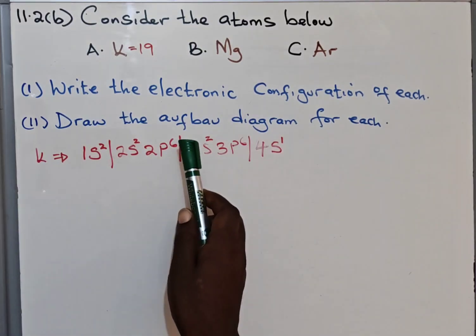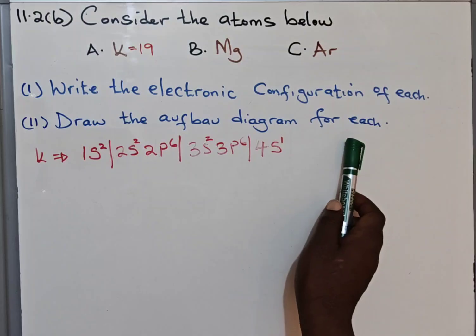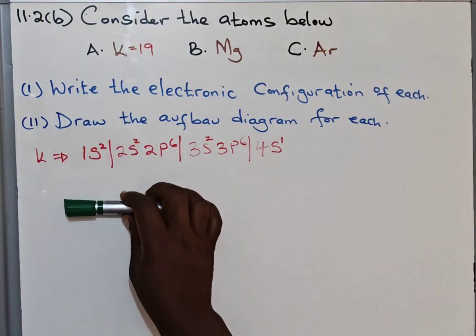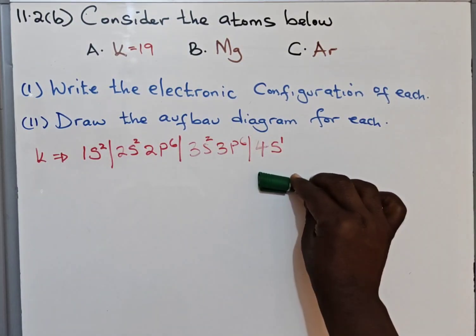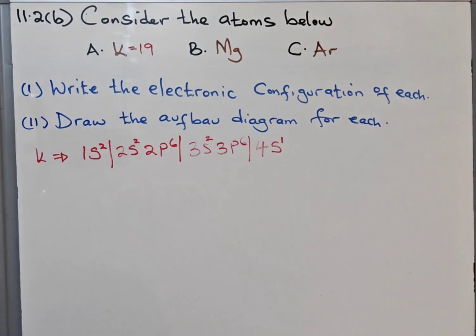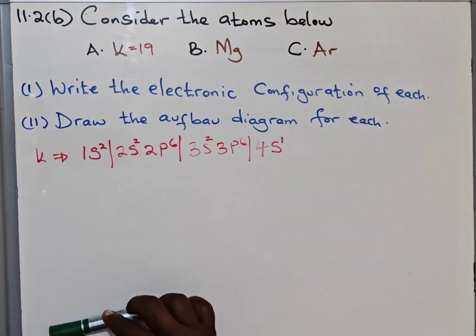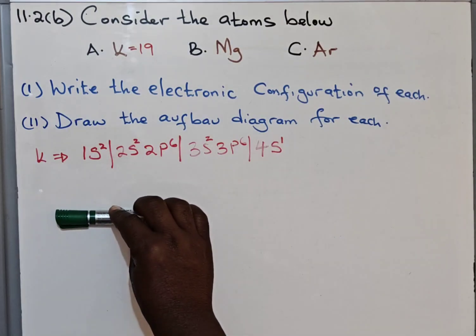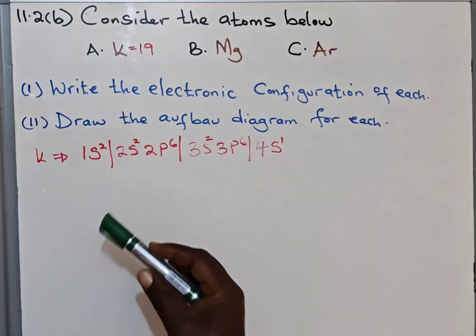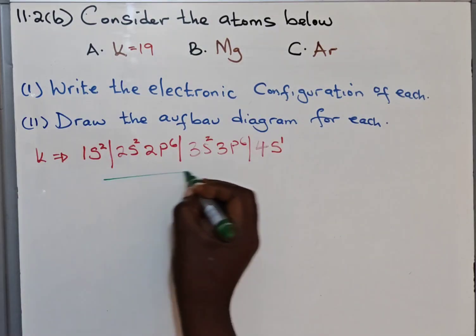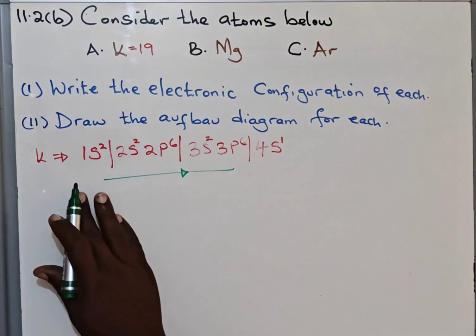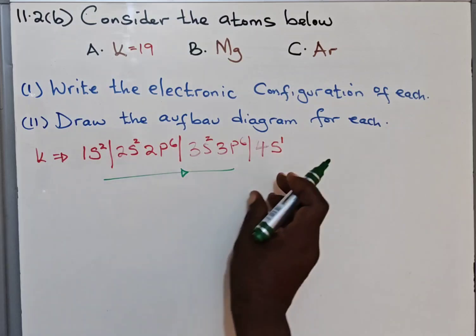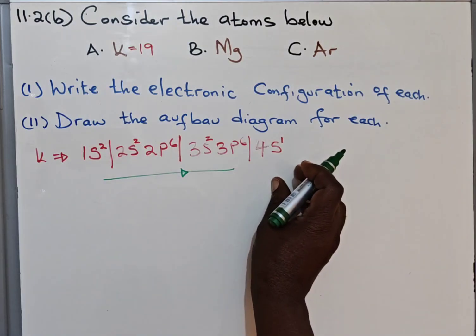Then next we go to the Aufbau diagram. Aufbau distributes these electrons in the energy levels. The energy level increases as you go up, so this has the lowest and this has the highest.